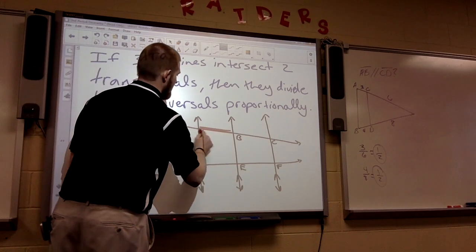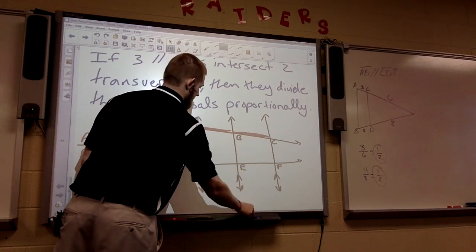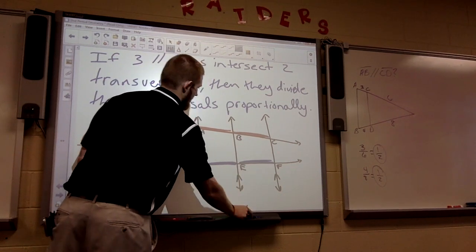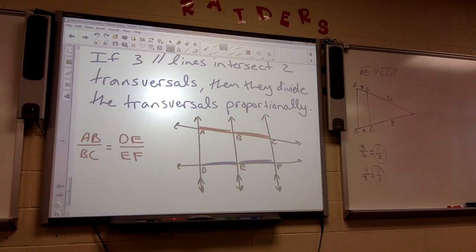AB to BC is equal to DE to EF. Again, with proportions, are there multiple ways to set this up? Yes. What's another way I could have compared those sides? AB over DE equals BC over EF.